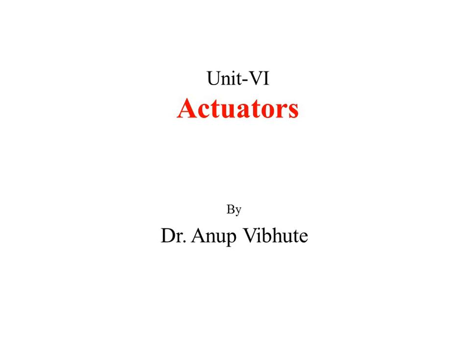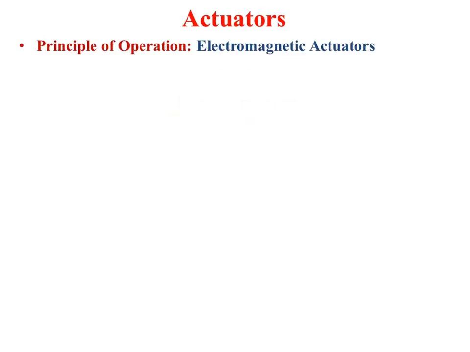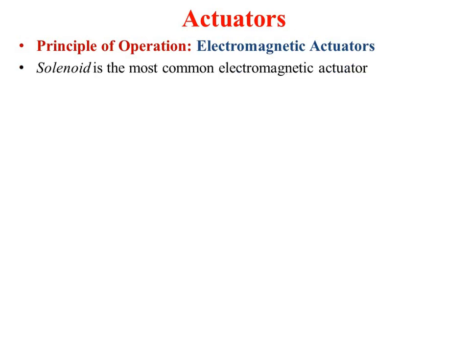So today we will be continuing with the next actuator, that is the electromagnetic actuators. So solenoid is the most common electromagnetic actuator. Actually we have seen this concept of solenoid in electromagnetic principles when we studied the principles of sensors.